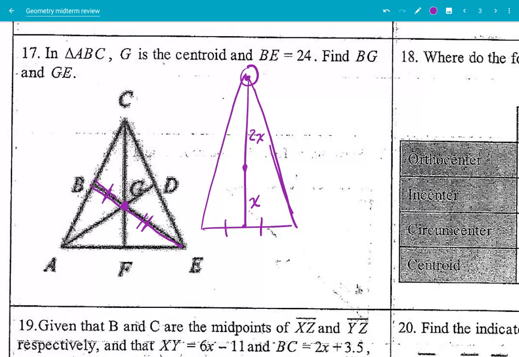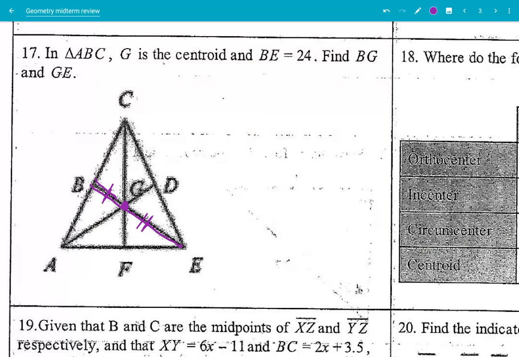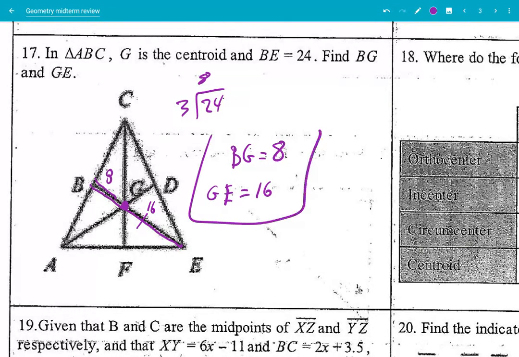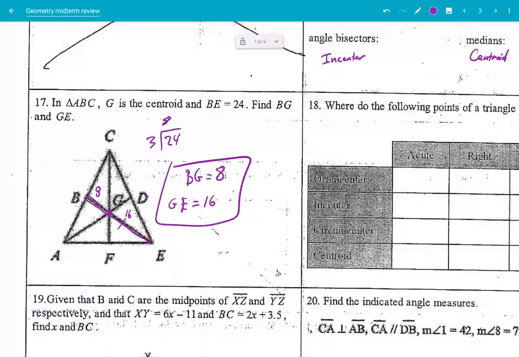So BE is 24. Let's divide 24 by 3. That gives you 8, so this is 8, and this is 16. So BG equals 8 and GE equals 16. There we go.